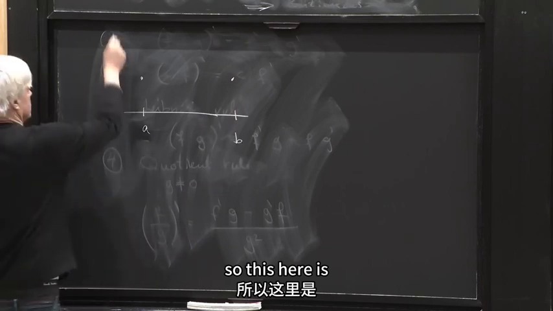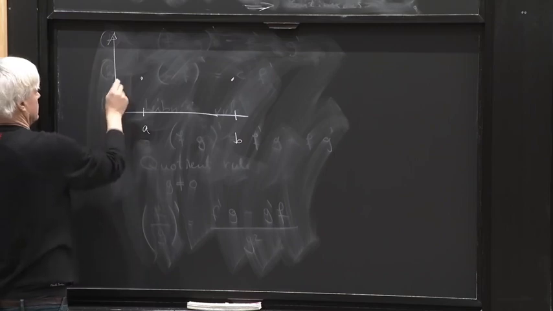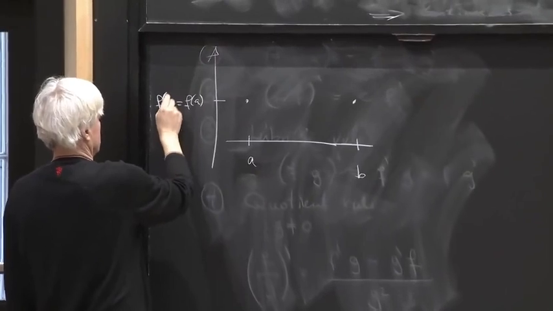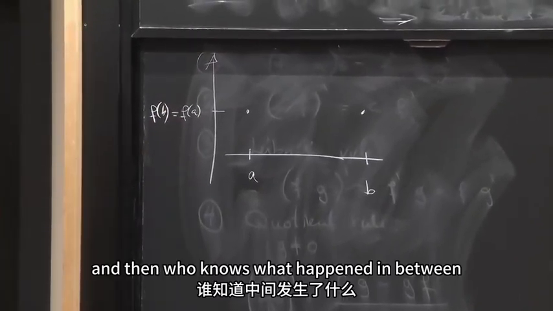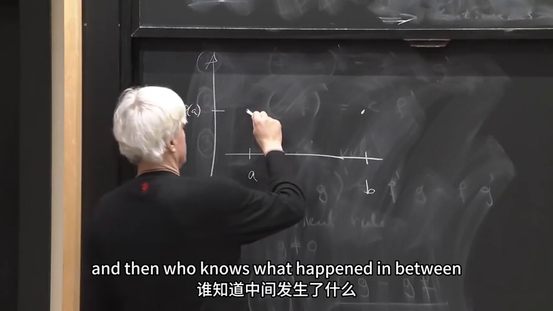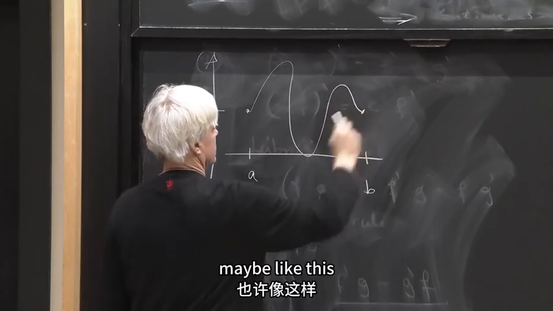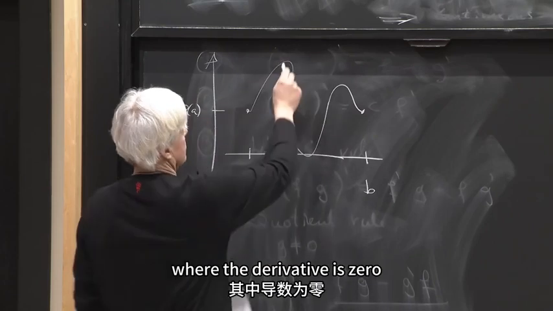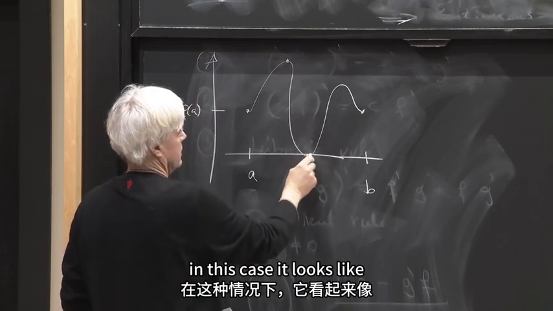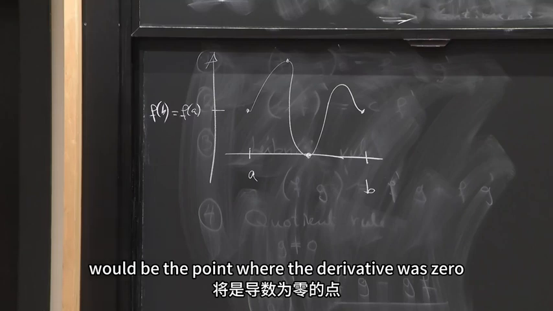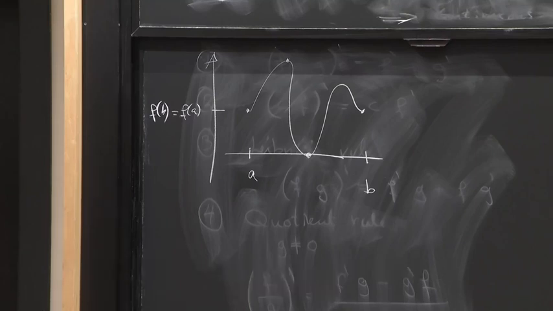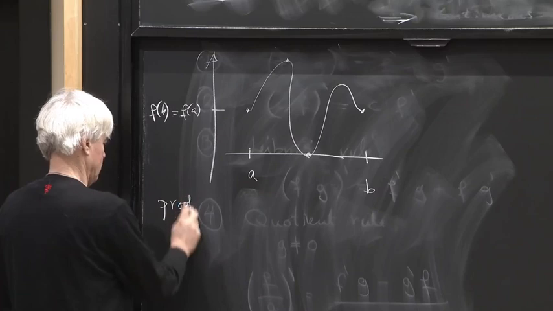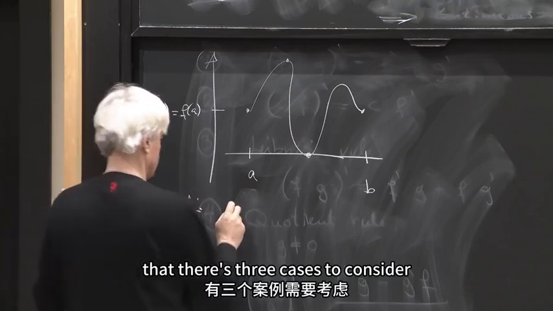So this here is f of a, and that's the same as f of b. And then who knows what happened in between? Maybe like this. And the claim is that then there's always some point where the derivative is 0. In this case, it looks like those two would be the points where the derivative was 0. And the proof is just this. So prove that there's 3 cases to consider.